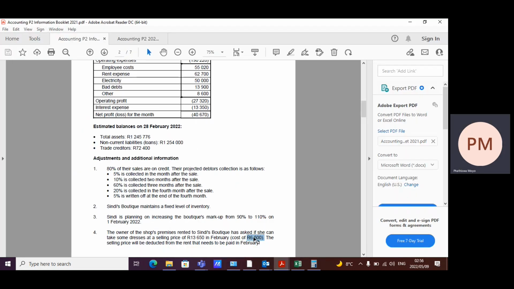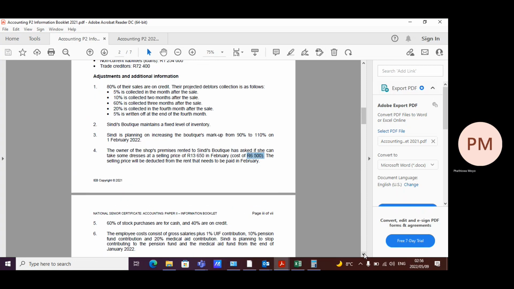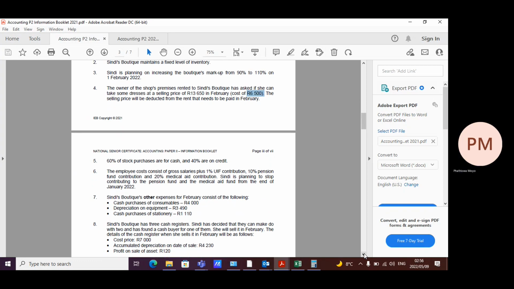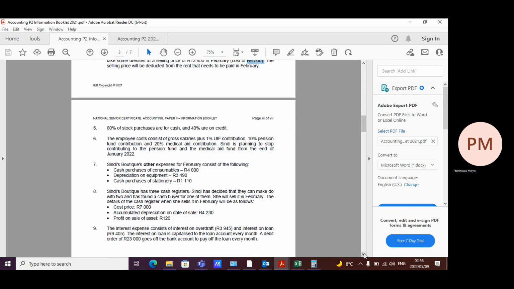The total purchases. Then 60% of purchases are for cash, and 40% of purchases are on credit.